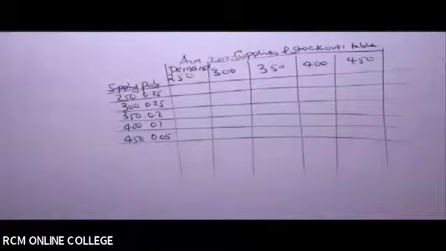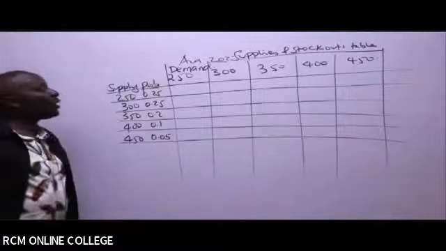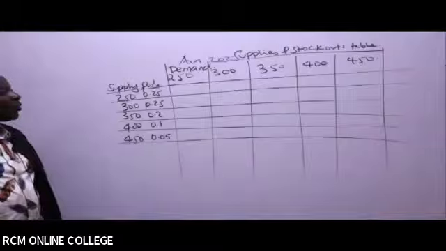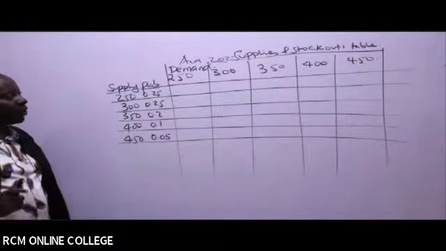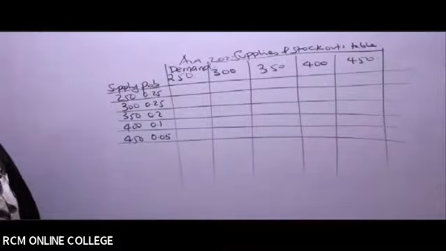So all of them are okay. Now they are simply waiting for us. I would want us to look at stock out possibilities. What are our stock out possibilities?